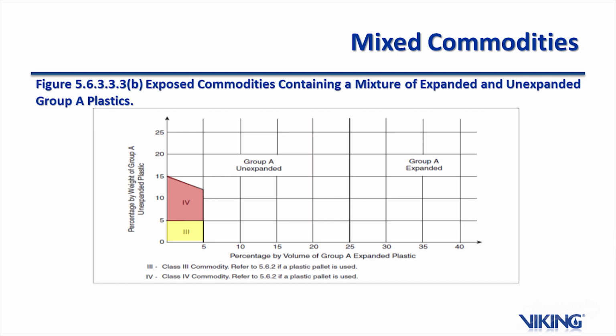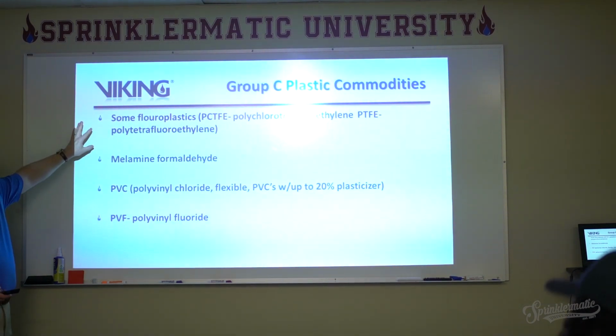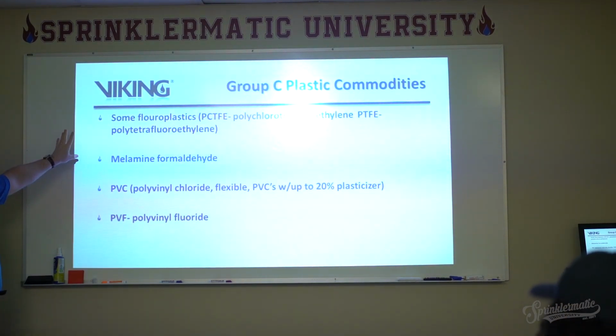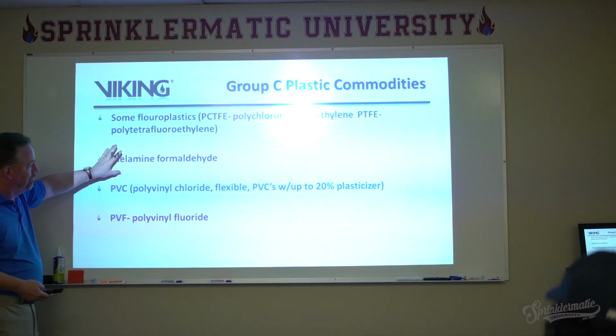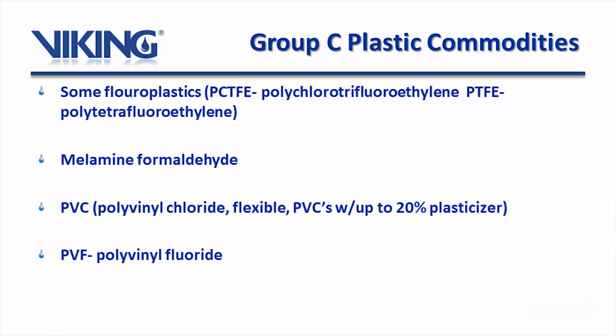Okay, so the plastic commodities then come into play, and again, this isn't a science lesson, so this is just the list of what we see in Group C plastics. Melamine formaldehyde, anybody ever heard of that? PVC, I guess, is the one that most people are going to be able to say, oh yeah, I know what PVC is. I've seen the piping.